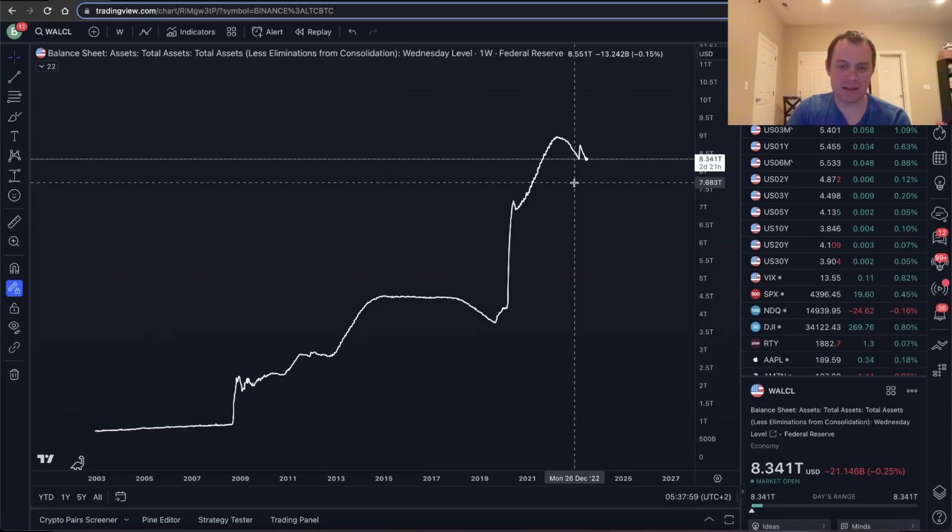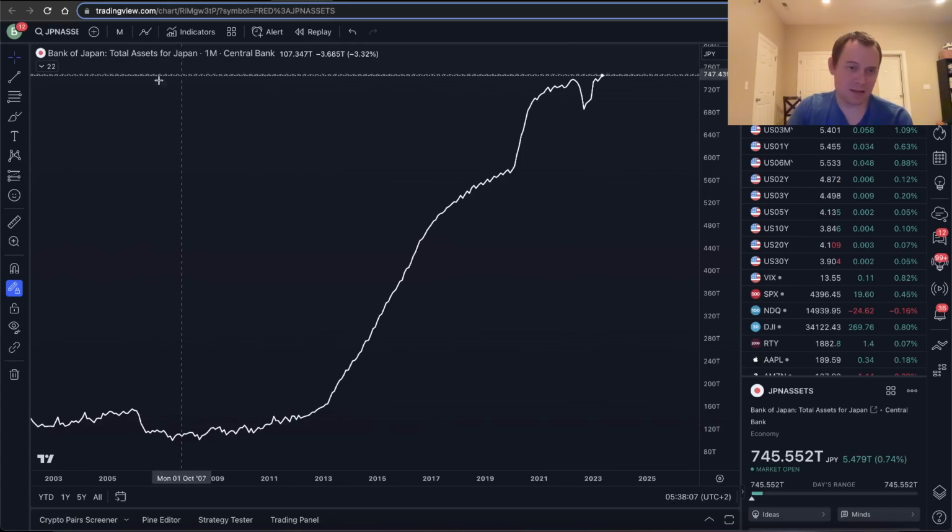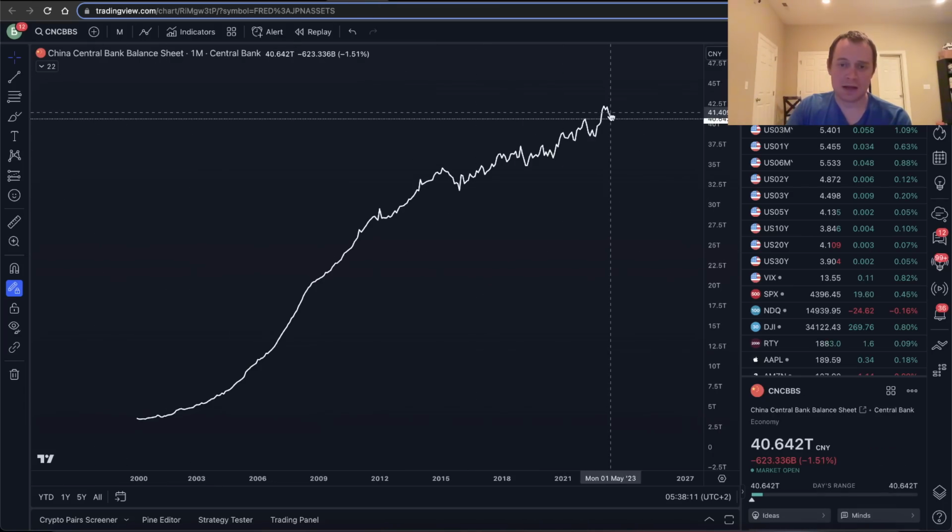So despite the fact that the United States was still lowering, or at least removing assets from the balance sheet, you can see that the Bank of Japan and the China Central Bank were actually expanding their balance sheets.